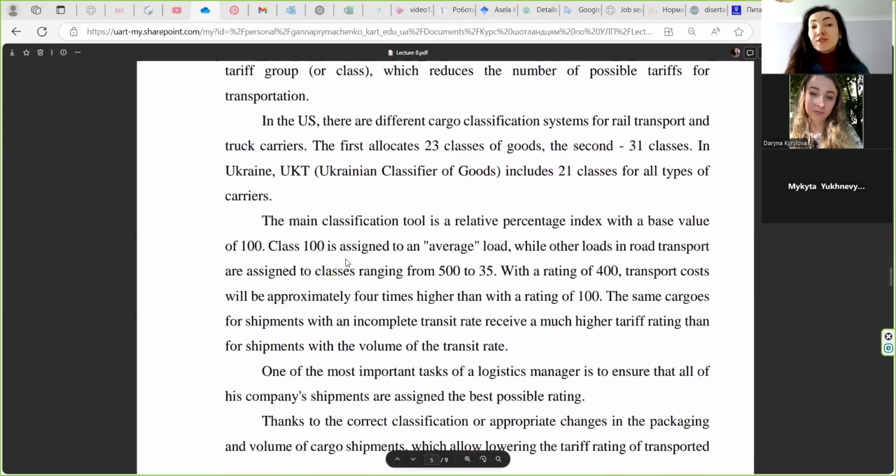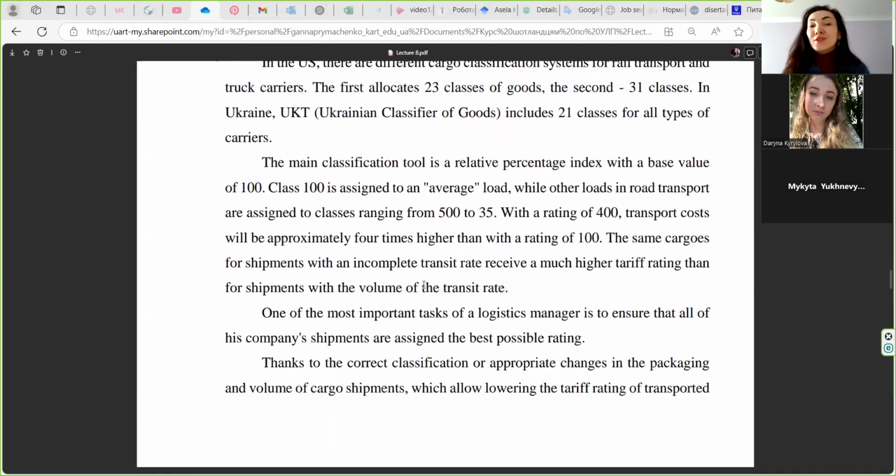Class 100 is assigned to an average load, while other loads in road transport are assigned to classes ranging from 500 to 35. It is interesting because some types of goods could change these classes, because we could use a pack, for example, or something else, and could change these classes and our delivery process will become cheaper.